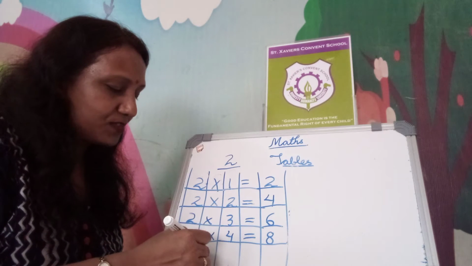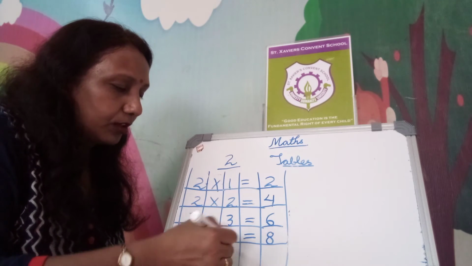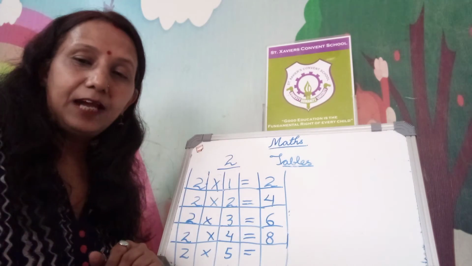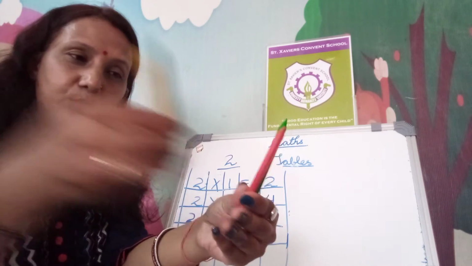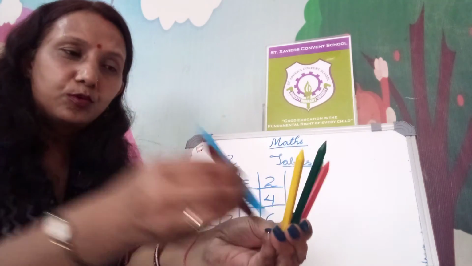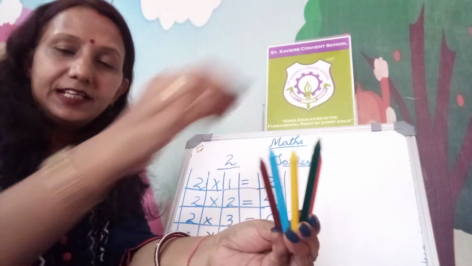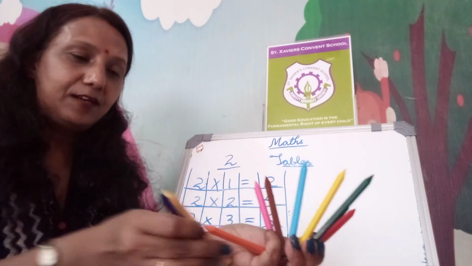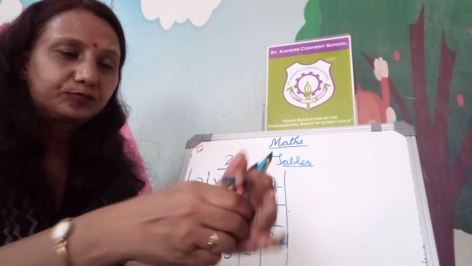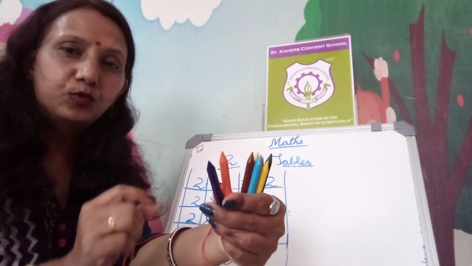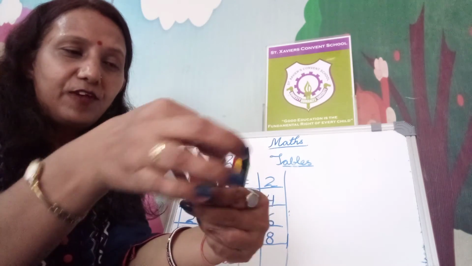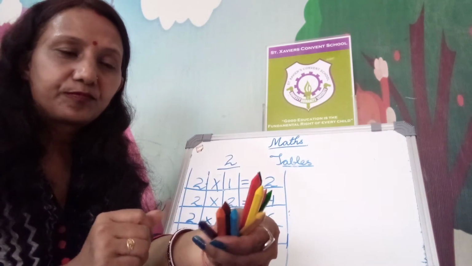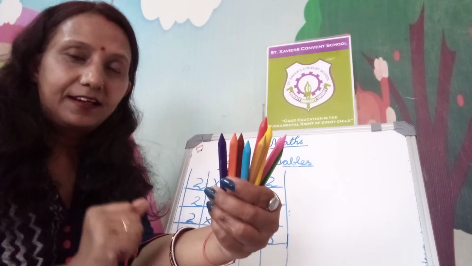Now 2 5s are... 2 5s are what? Take 2 five times: 2, 2, 2, 2 three times, 2 four times and 2 five times. Now count all: 1, 2, 3, 4, 5, 6, 7, 8, 9, 10.